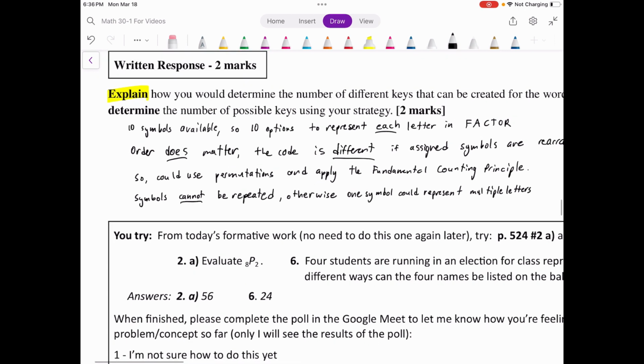So what does that mean for my math? I can now say, so once each letter is assigned a symbol, there is one less symbol for the next letter, right?